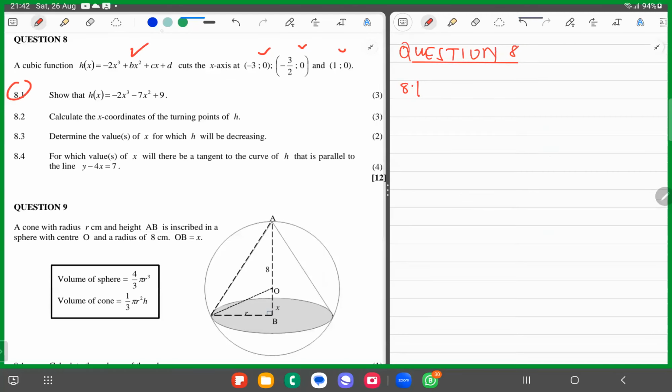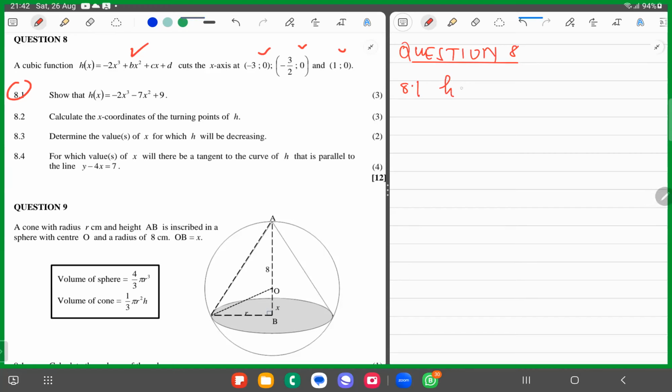Okay, so we have the cubic function. That one cuts the x-axis at those 3 points. Show that h is that one. Right, so the couple of things you need to consider.